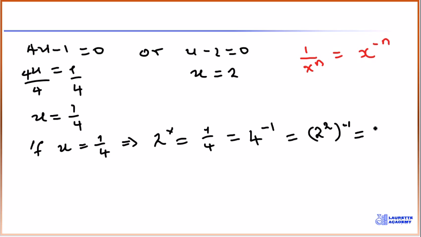This is the same as 2 raised to the power minus 2. So we have that 2 raised to the power x equals 2 raised to the power minus 2. The bases are the same, and so we can equate the powers. So x is equal to minus 2. So I've gotten the first value of x.